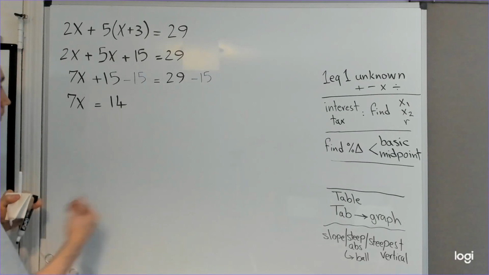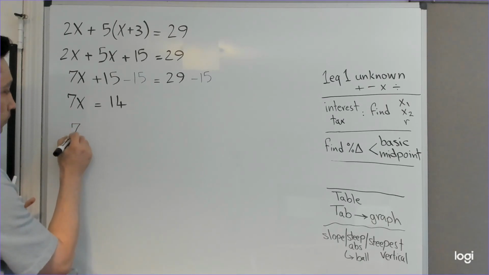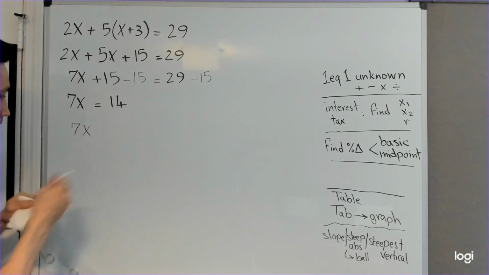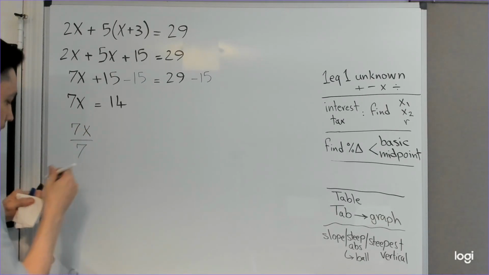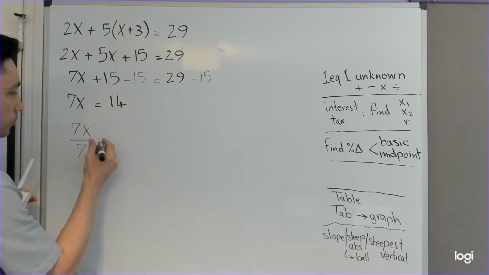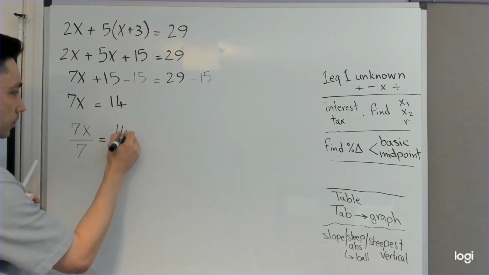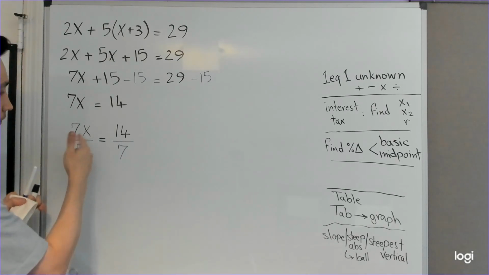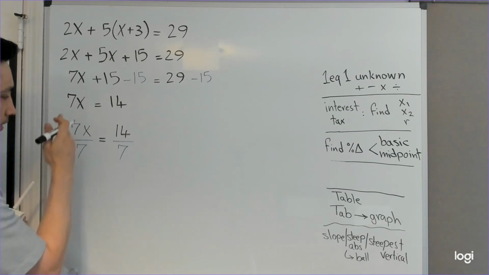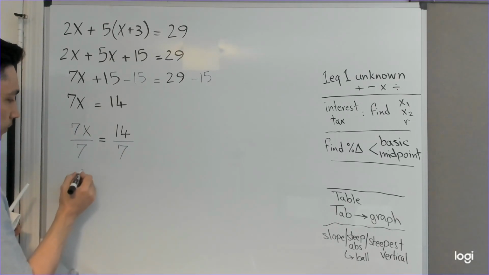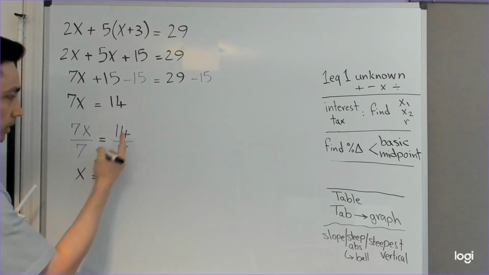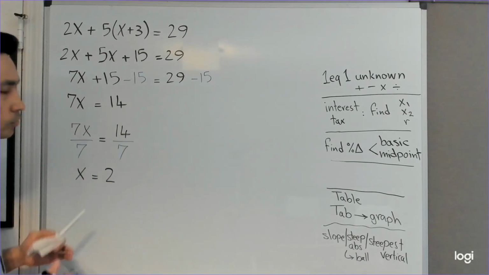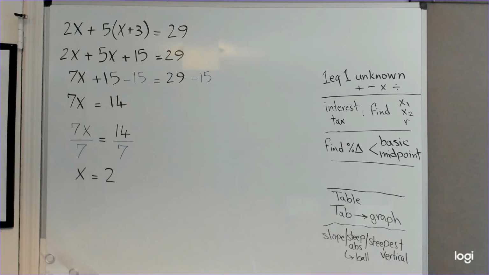So 7x divided by 7 equals 14 divided by 7. 7x over 7, 7 and 7 cancel, so on the left I have just x. 14 over 7 is 2, and I have solved this one equation in one unknown.